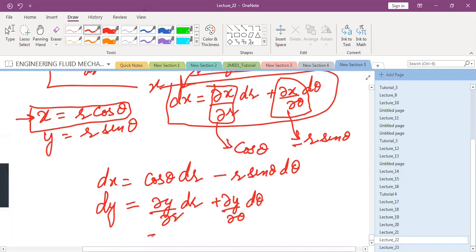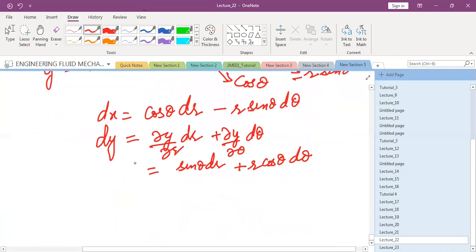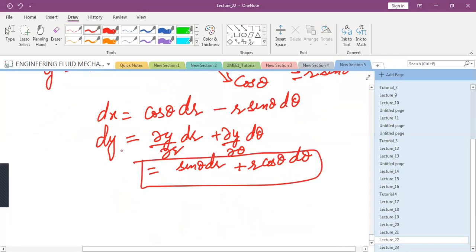What will this be equal to? sin theta dr plus r cos theta d theta. So this is the value of dy, and this is the value of dx.